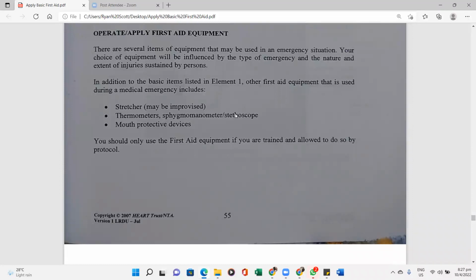In addition to the basic items listed in element 1, other first aid equipment that is used during a medical emergency include stretcher, thermometers, sphygmomanometers, stethoscope, mouth protective devices. And you should only use the first aid equipment if you are trained and allowed to do so. So don't do it unless you're instructed, okay?